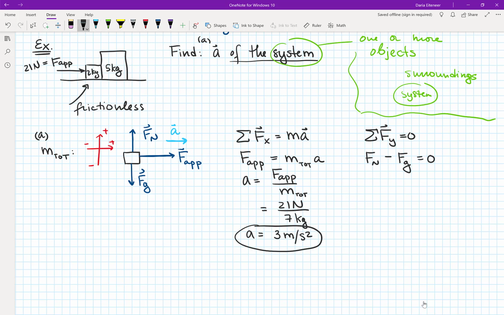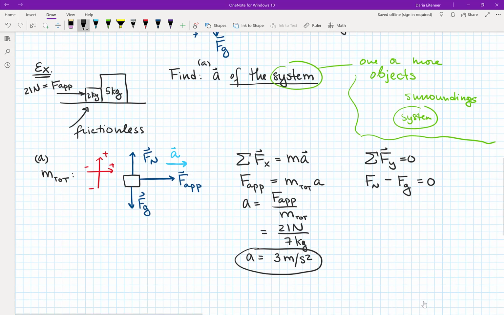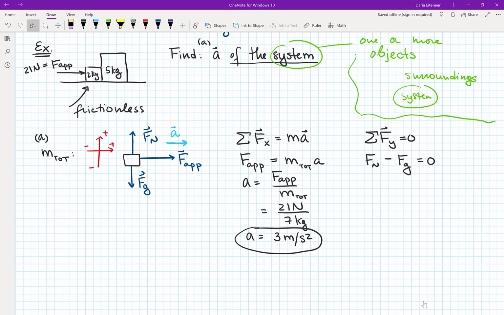We didn't really need the y component here, the y direction, but let's just see how far we can take that, just for practice. So we can move the force of gravity over to the other side, and then we can write force of gravity as total mass times g, right? So 7 kilograms times g, of course, is 9.8 meters per second squared.